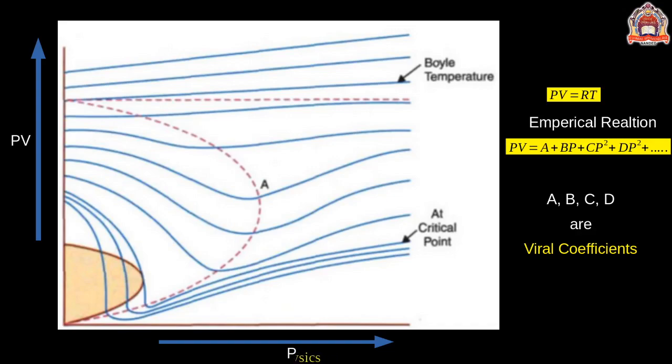So here A is simply equal to RT, because as P tends to 0, the rest of this empirical equation becomes negligible in comparison to the first term at very low pressure, and then gases obey Boyle's law accurately. It means the lower the pressure, the higher is the degree of accuracy.